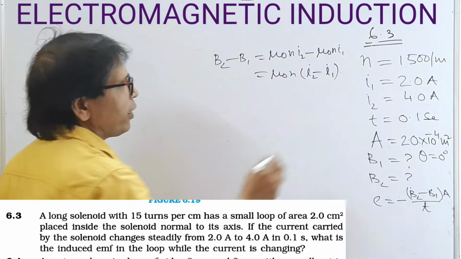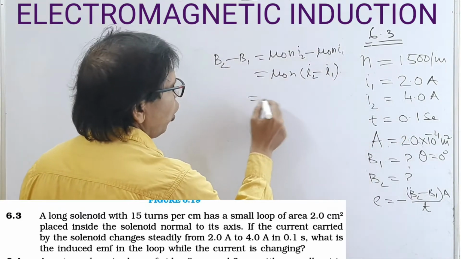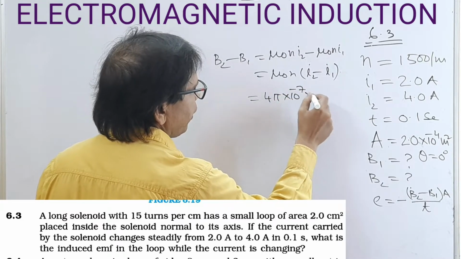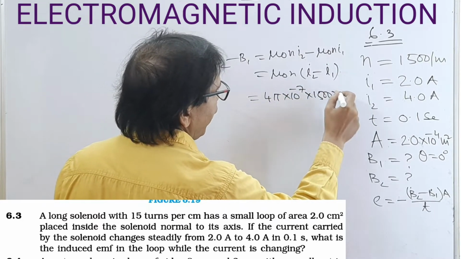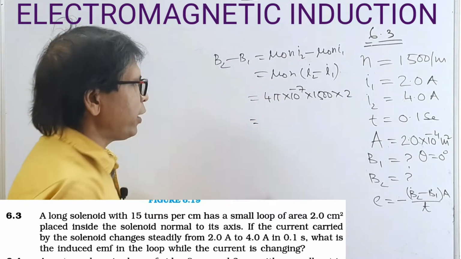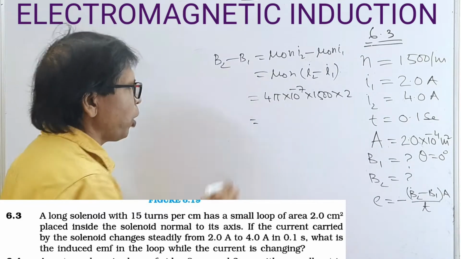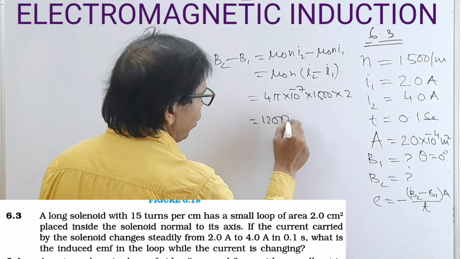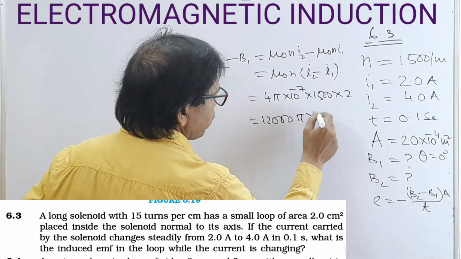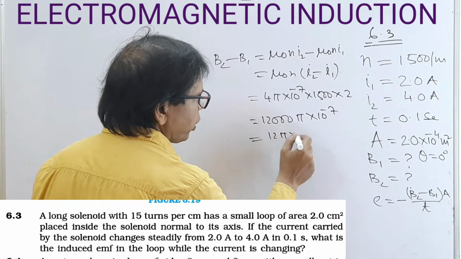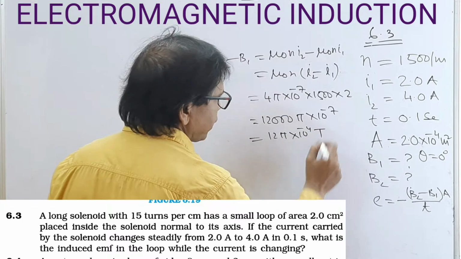I2 minus I1 is 2, so this is 4 pi into 10 to the power minus 7, times 1500, times 2. That is 3000 and 12,000, so this is 12,000 pi into 10 to the power minus 7, which is 12 pi into 10 to the power minus 4 Tesla.